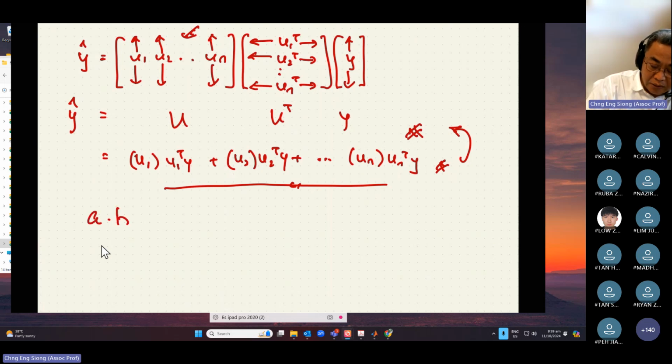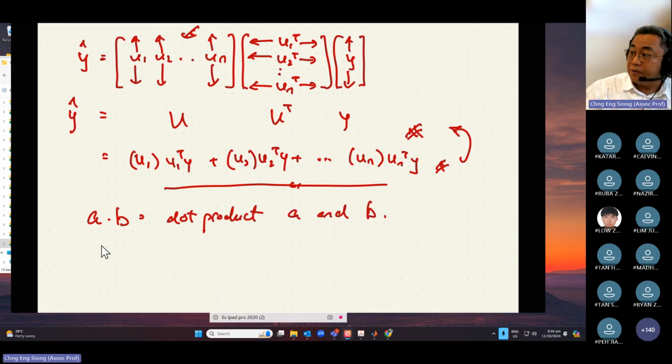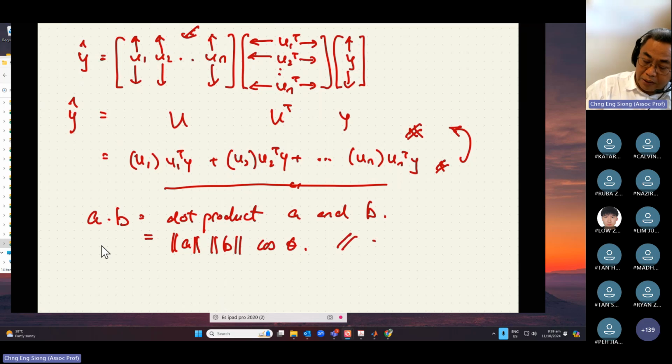A dot B is what? The dot product of A and B. Yes? Okay, Jiahui? It is defined as the norm of A, norm of B, cosine theta. So the dot product tells us the angle between the vectors A and B. So this is the definition.